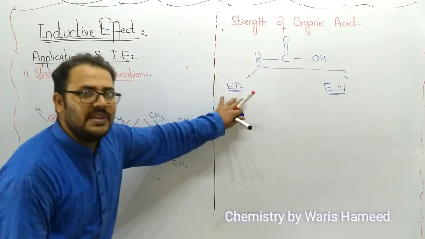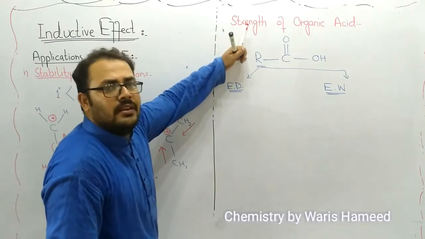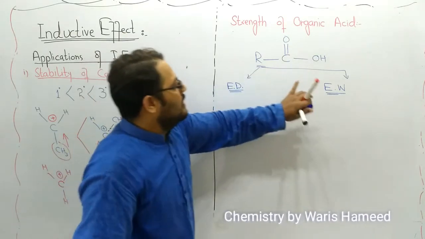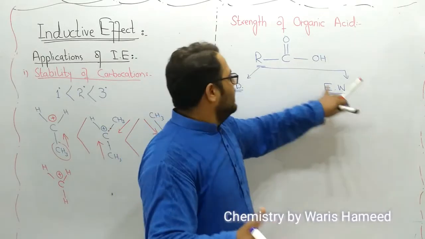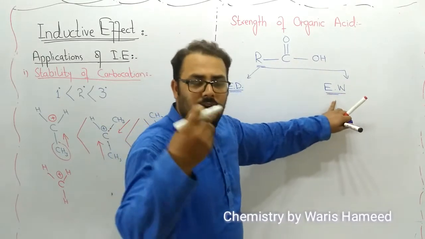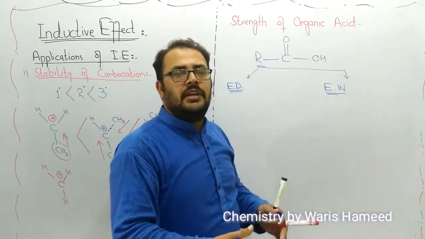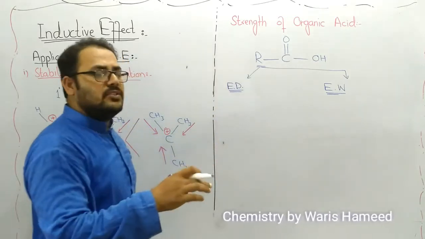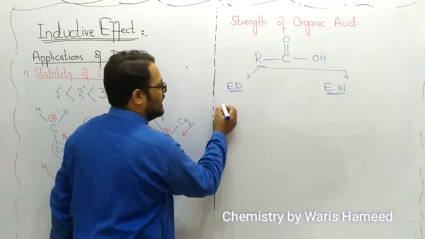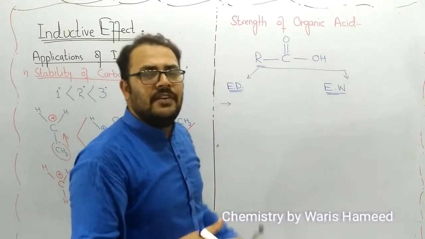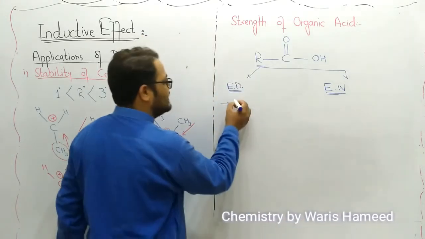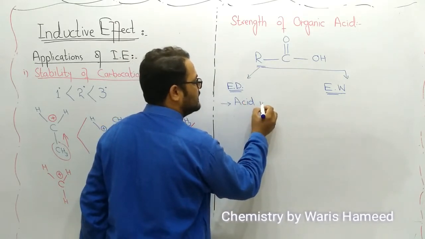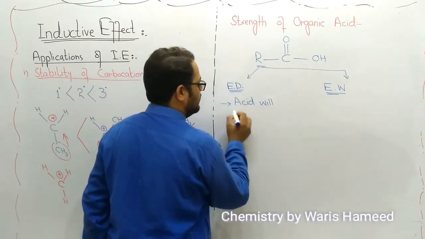If a group attached to this chain has the nature of electron donating, and the second possibility is that this alkyl group has a group attached that has the ability to withdraw electrons. If the alkyl group has an electron donating group, then we can say that the acid will have weak strength. The acid will be weaker.